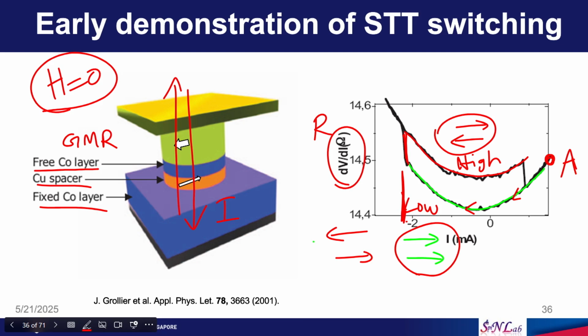So we come to point B, we achieve switching. Then when you go from point C towards point D, you are in the state of high resistance, then at some point D you switch to a low resistance state. So this is what I demonstrated. Okay, got it. Thank you.